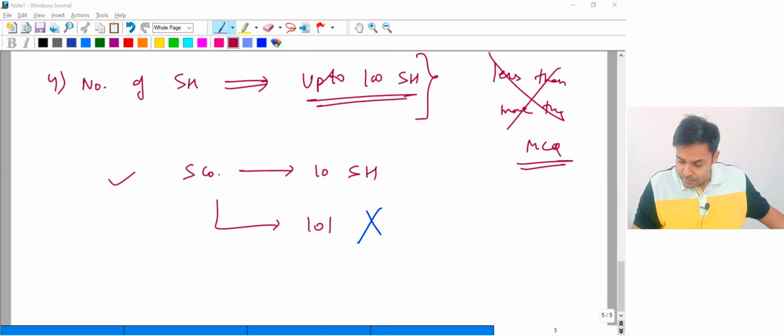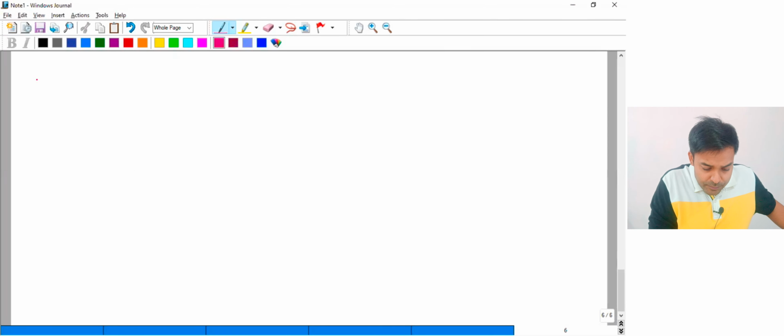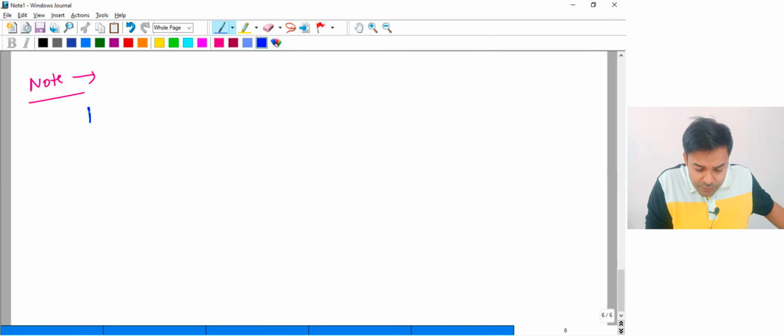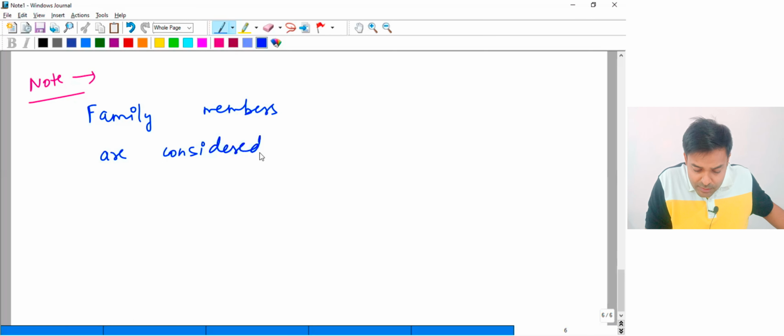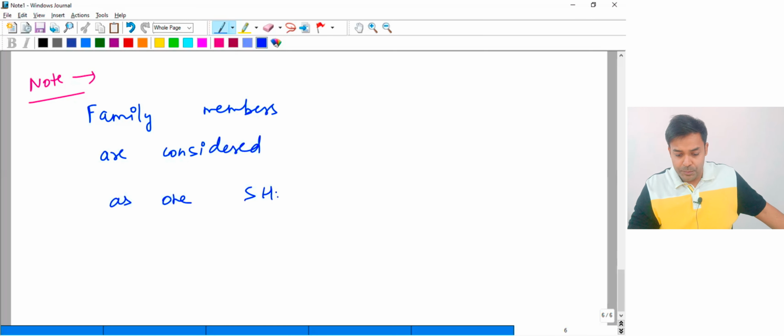Family members are considered as one shareholder.